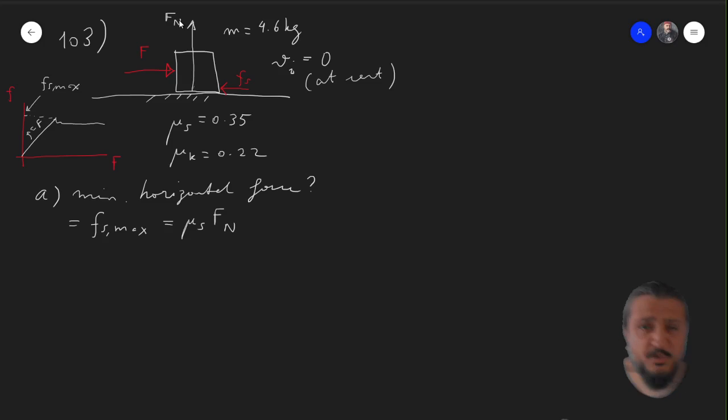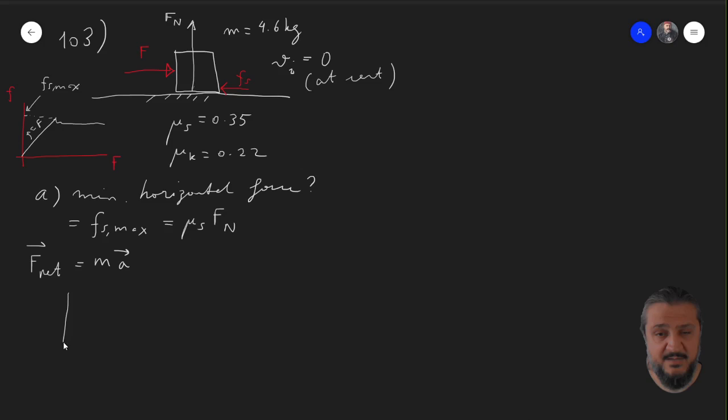How do we find the normal force? Now we can go to Newton's second law. F net as a vector is equal to mass times acceleration. Just draw the free body diagram for this object with mass m. Show the forces on it.